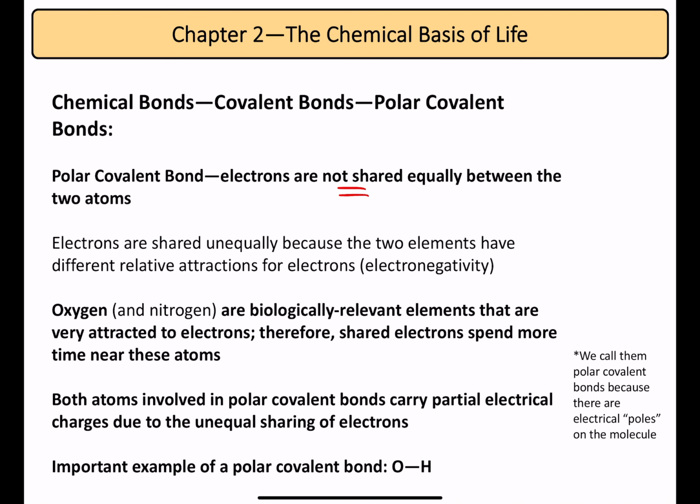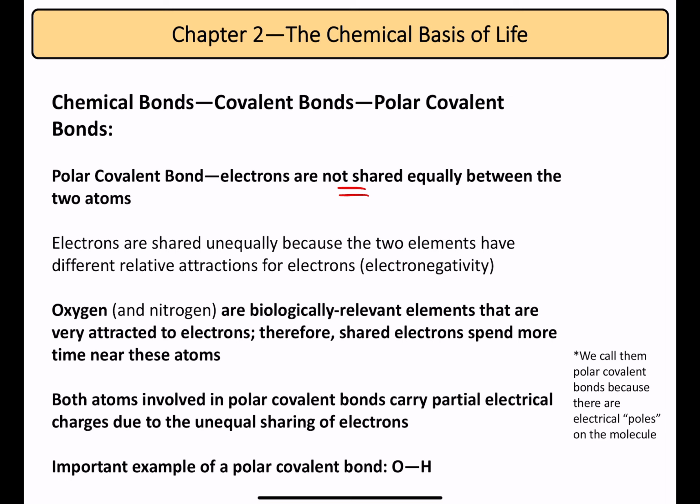For us in this class, all you need to know is that oxygen is the most biologically relevant electronegative element. Okay? So whenever you see oxygen, O, in this class, think: it really, really likes electrons.